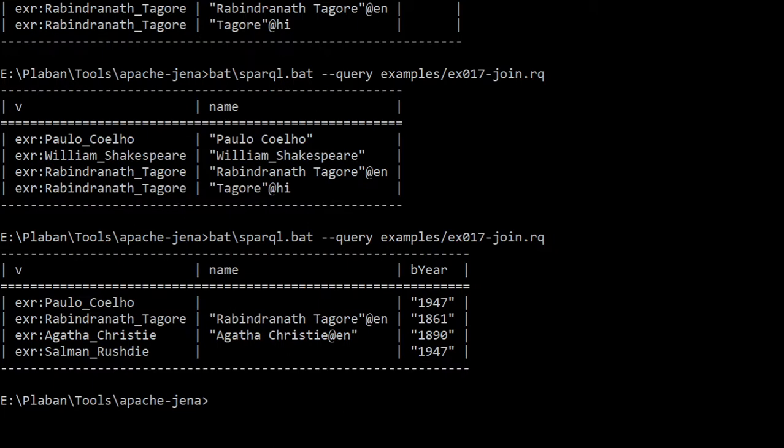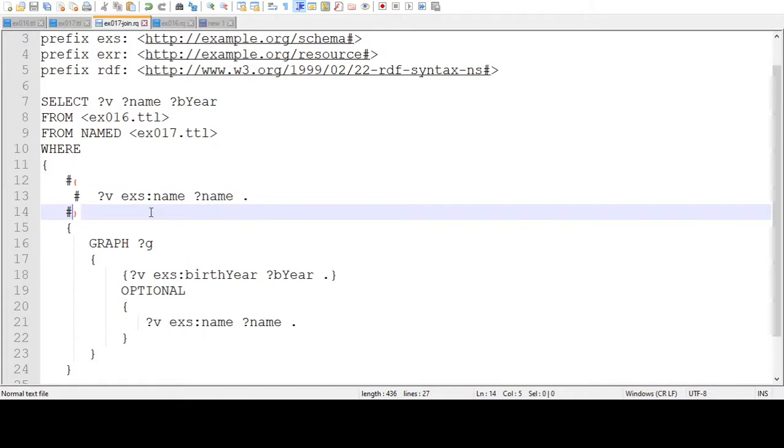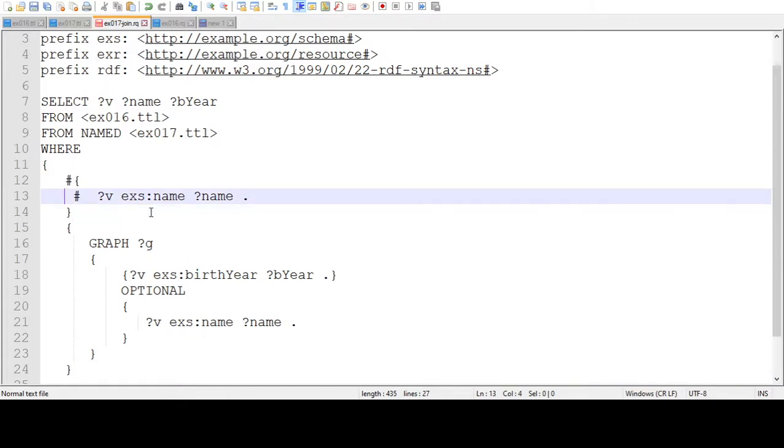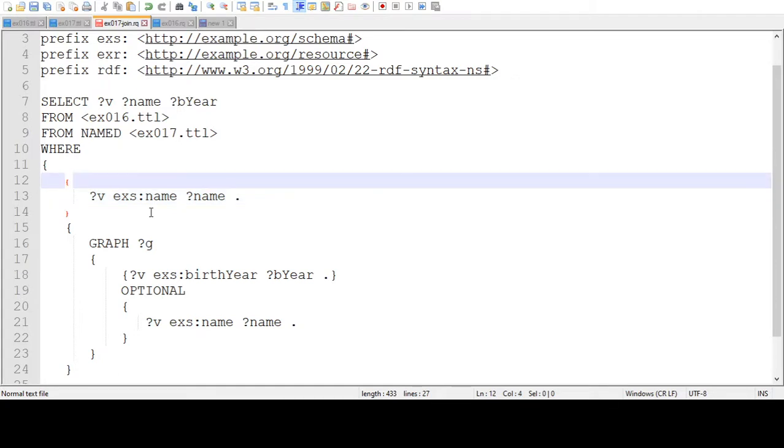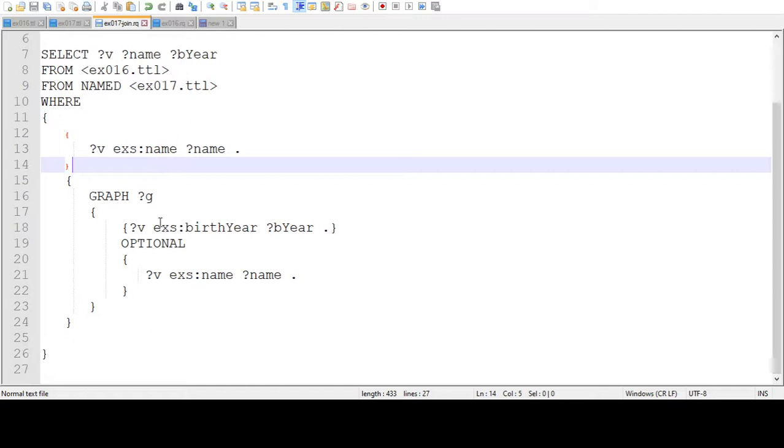Now let us look at the join operation. So let me get back to the query and revise that query. The revision would be just to put the group graph 1 back again, right? So you see that we have brought back the group graph query pattern in the query, right?